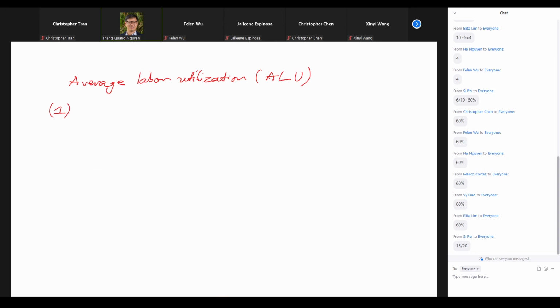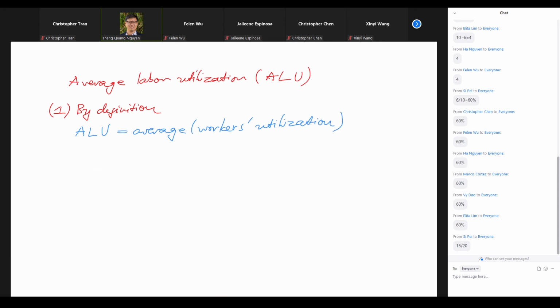We call it the definition method. By definition, the average labor utilization is an average over the workers' utilization. That's why we call it the average labor utilization.